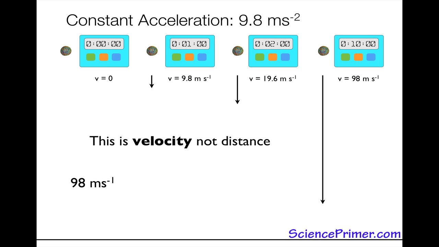Another thing to think about is that this force can cause a lot of acceleration. 98 meters per second, which is the velocity that can be achieved in only 10 seconds, is very fast. It's over 350 kilometers an hour, or in English units, over 200 miles an hour.